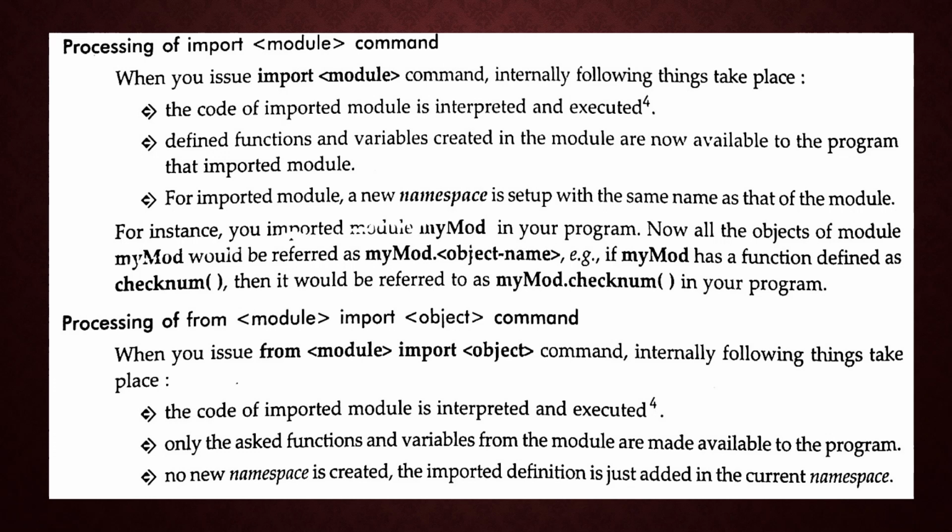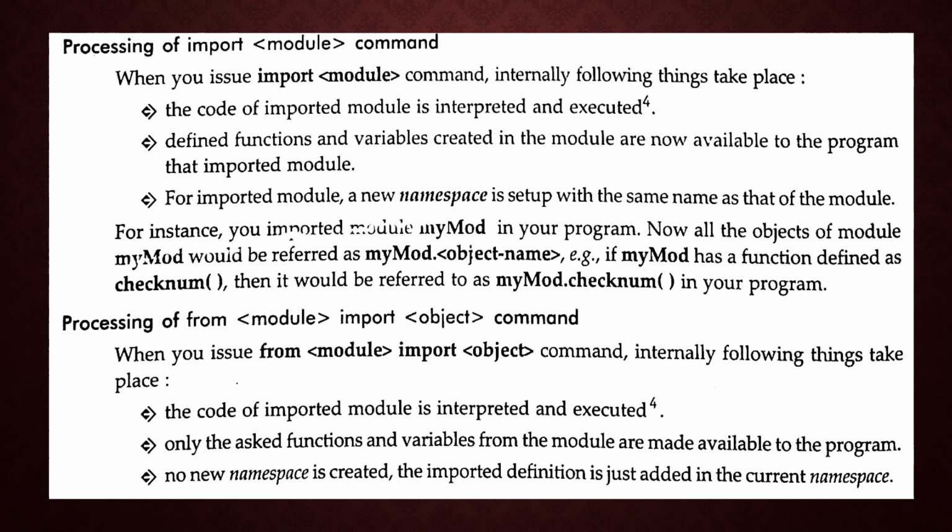It's the same as in the previous session: in case you are using import module, the same thing happens. And here only the asked functions and variables from the module are made available to the program. So we can access only the asked object.